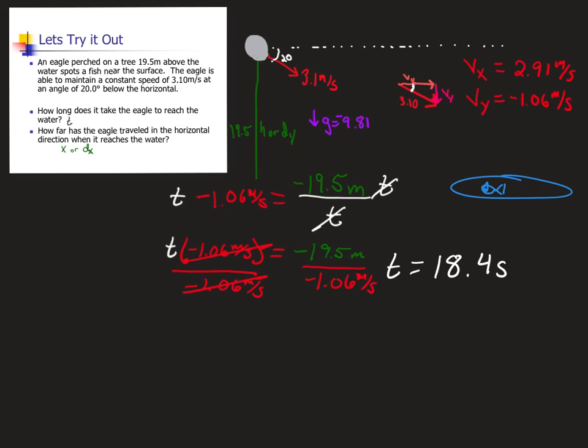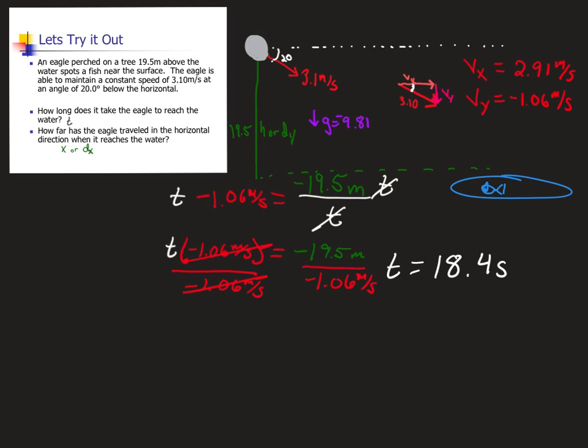And now that we know that we have a time, and this time, because it's a scalar, doesn't have a directional component to it, we can now use it to solve for the distance in the horizontal, how far away.